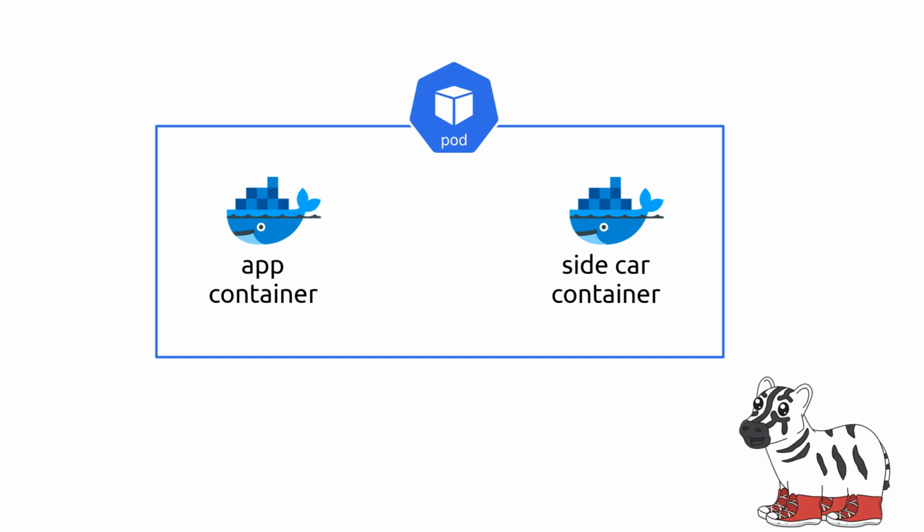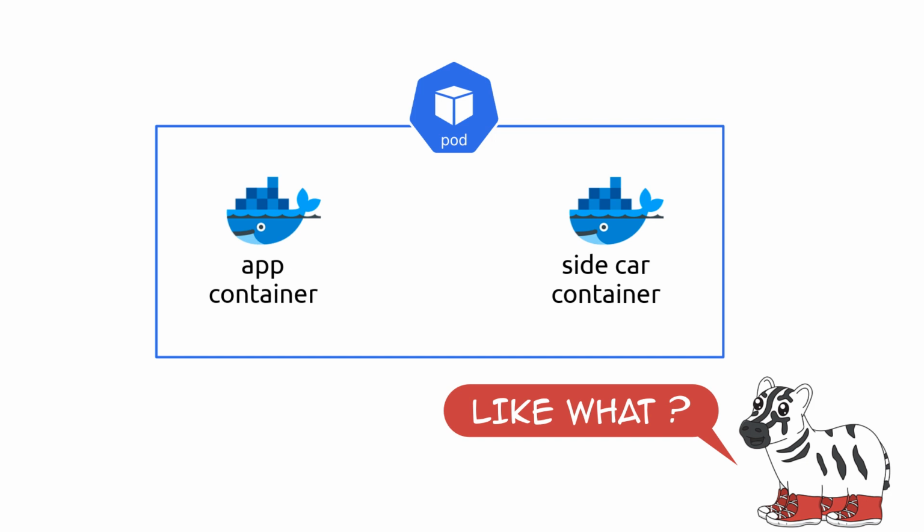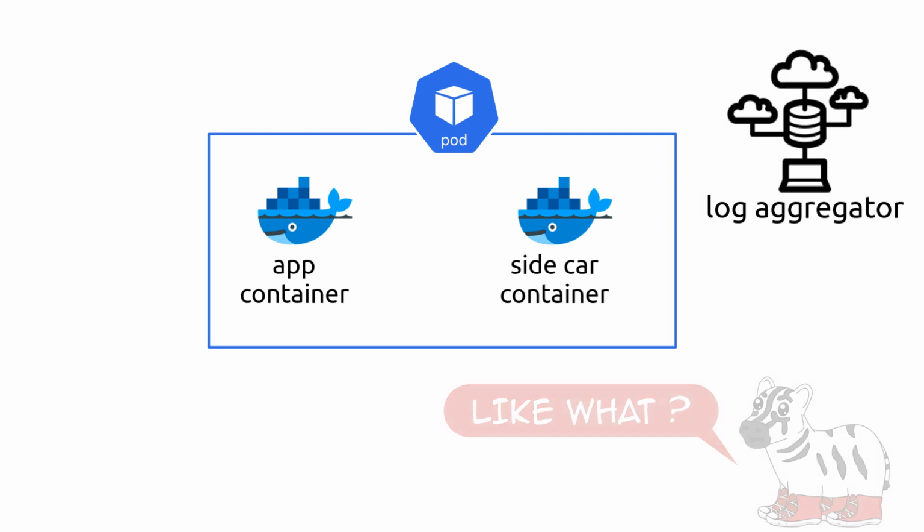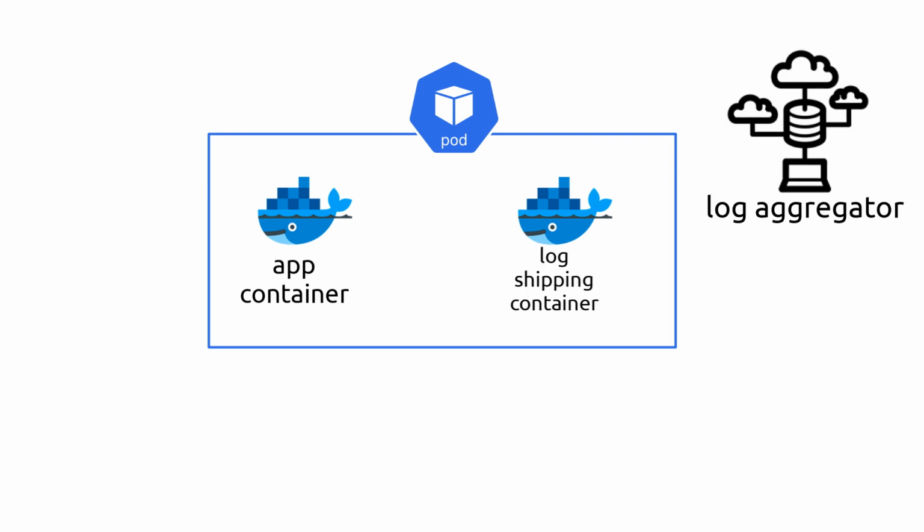Z immediately pounced with the question, like what? Well, let's say you have a log aggregator. You want to have a sidecar container like a log shipping container, which is always close to the application container so that it can send the logs from the application container to the log aggregator.